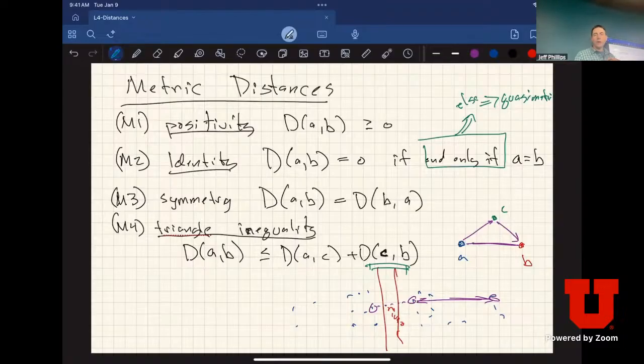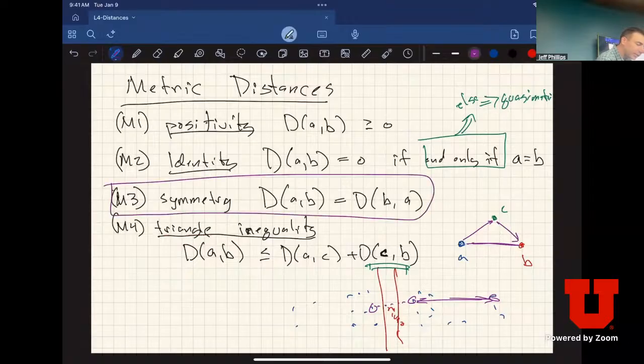There are also instances where I don't have the symmetry, and then I would call this a pseudometric. So for instance, if I am measuring by travel time on a map, I can actually show I have the triangle inequality.